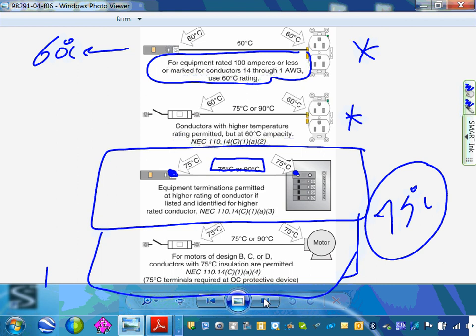If it's more than 100 amps, 75. If the conductor landing on it is number 14 all the way to number 1, and you don't know what the amps are, a piece of equipment with no idea of the amps, but coming out of it is a number 12 conductor, you size it based on what? 60. These are the defaults by the code.